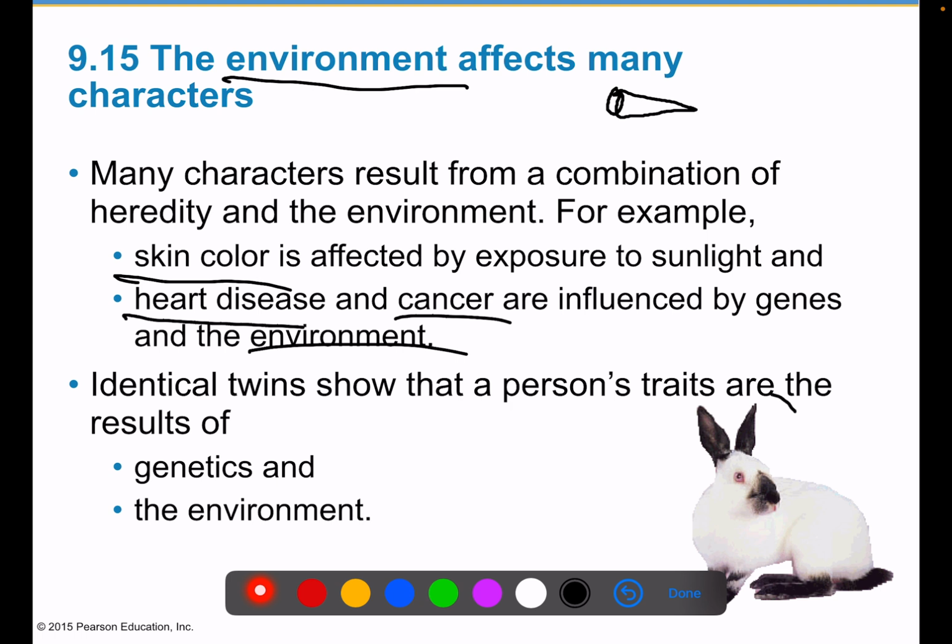You remember the case of the Himalayan rabbit. If you covered an ear or if you put it in an incubated room, a room that's warmer, it would go to being solid white, right? So your environment does have an effect on genes, or you are a product of your genes and the environment. It's not just all genetic.